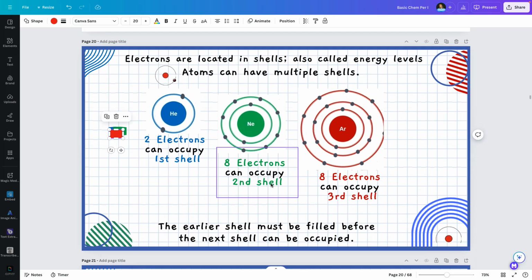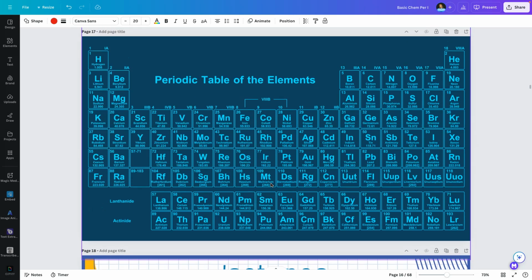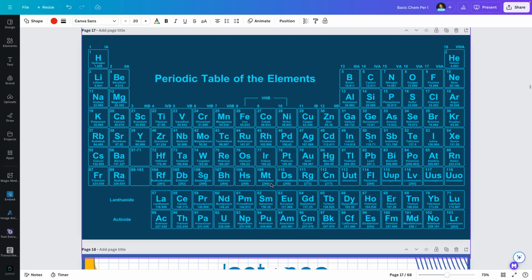How many go in the second? If you're lithium. I'll show you lithium again. Lithium, atomic number is 3. What does that tell you? Raise your hand. If you know the atomic number is 3, what do you know? There's 3 protons. And protons equal, so how many electrons?